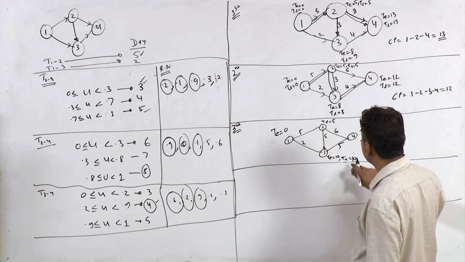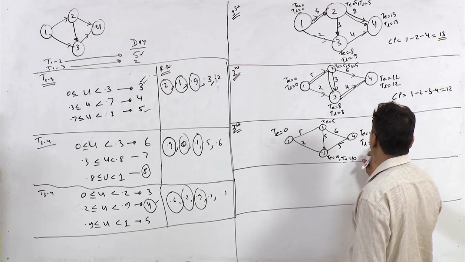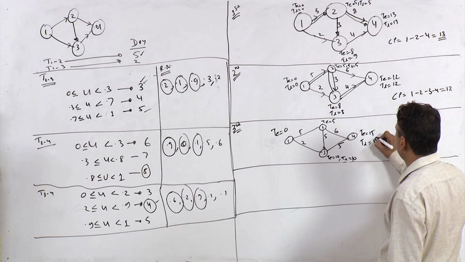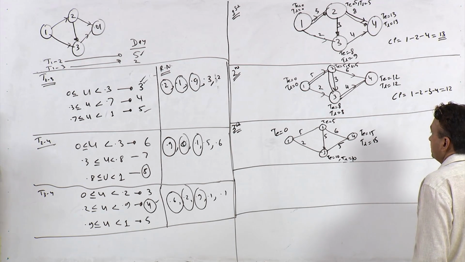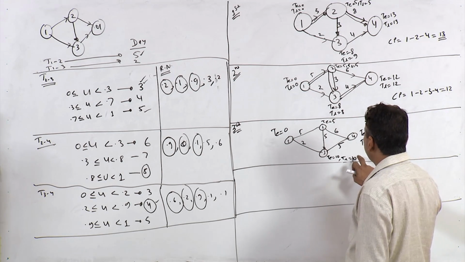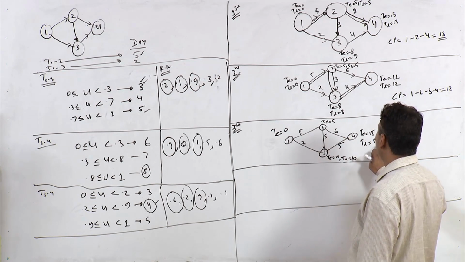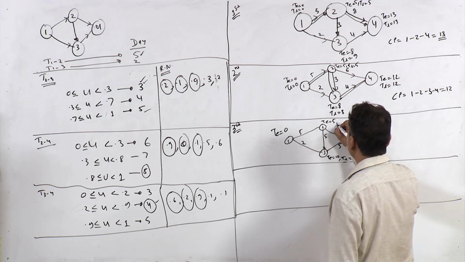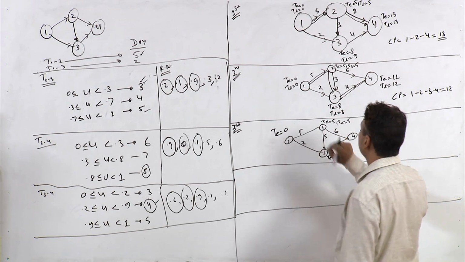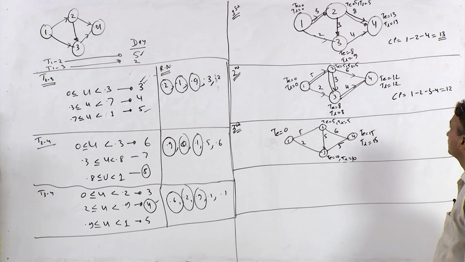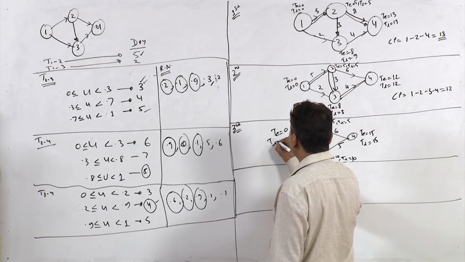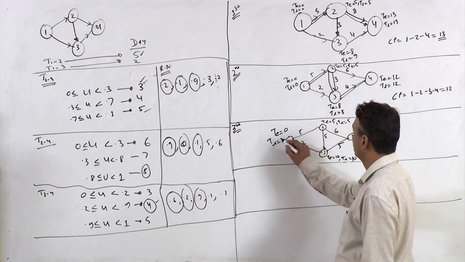Then TL here is 10 minus 5, 5, and this is 15, right? So TL 10 minus 5 is 5, 15 minus 6 is 9, right? So we will take TL is equal to 5 at this node 2, right? Then TL here is 0.